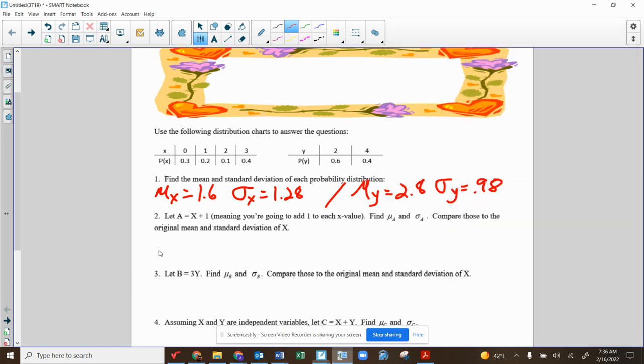This is called A here. So the mean of A ends up being 2.6, and the standard deviation of A is still 1.28. Essentially, when you add or subtract a number to your x's, it changes your mean by that same amount, but your standard deviation stays the same.